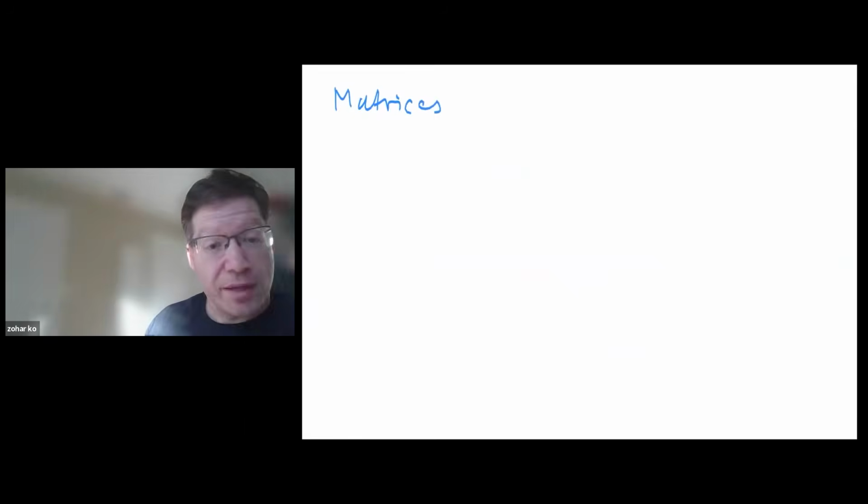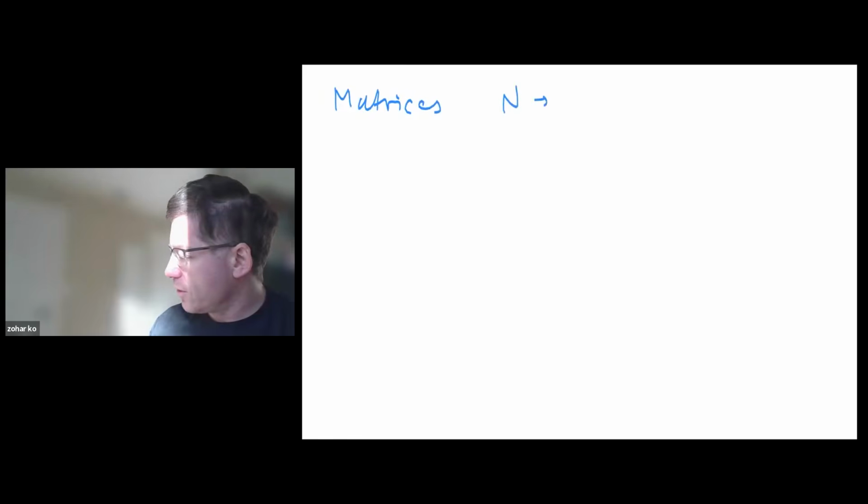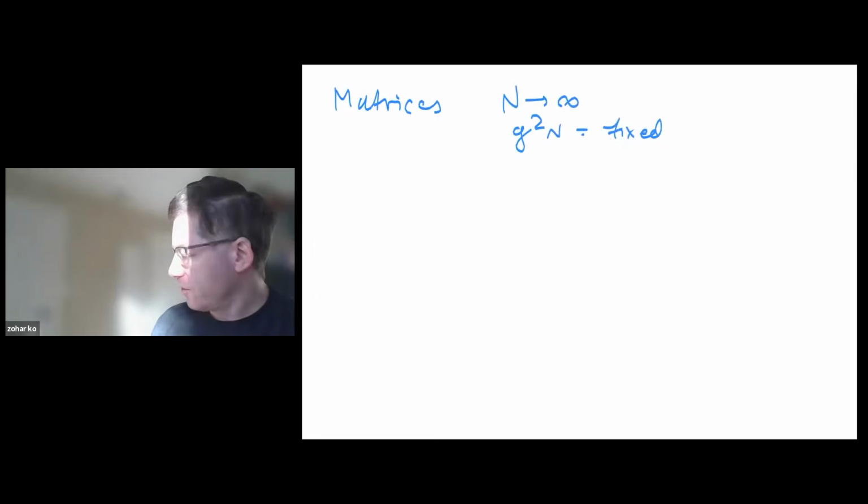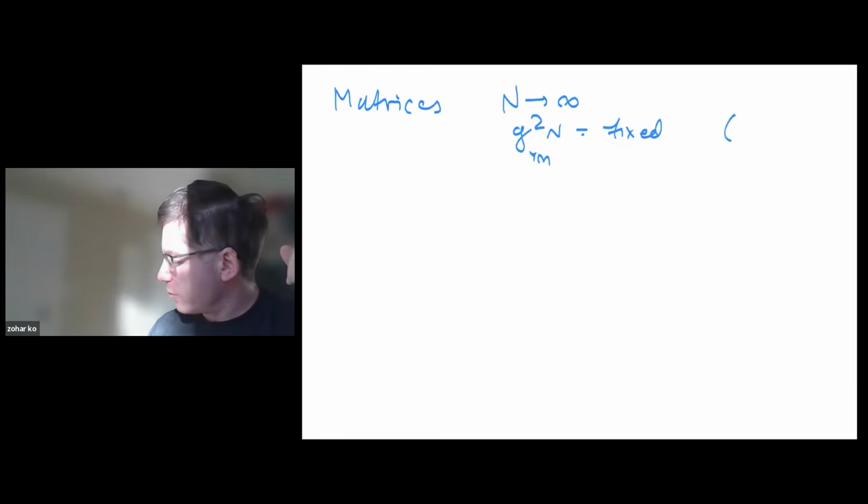One thing that you may have seen in your studies is that in the theory of matrices, let's say in Yang-Mills theory, which is a theory of matrices which are N by N with some interaction g, we know from the work of 't Hooft that there is a very interesting limit which is essentially semi-classical, where you take the matrix to be very large, but you keep the interactions very small, such that g squared N is fixed. Let's say this is in the Yang-Mills context. In string theory, we keep g string N fixed.